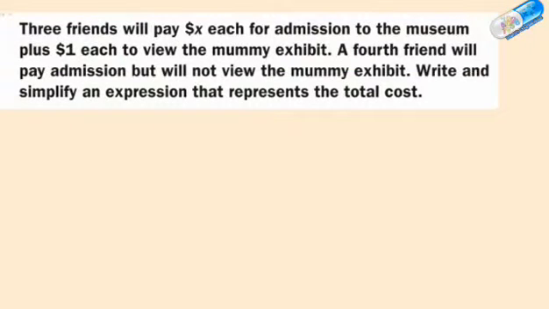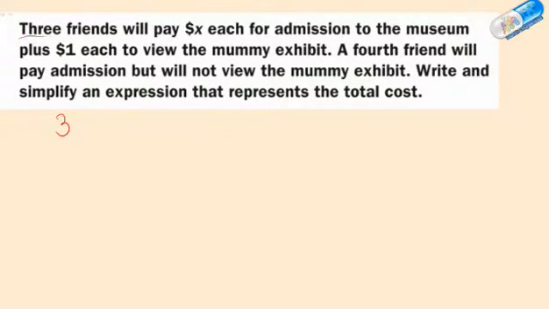3 friends will pay x dollars each for admission to the museum plus $1 each to view the mummy exhibit. A 4th friend will pay admission but will not view the mummy exhibit. Write and simplify an expression that represents the total cost. So look here, we have 3 friends. I'm going to translate this paragraph in English into algebraic expressions with numbers and operations.